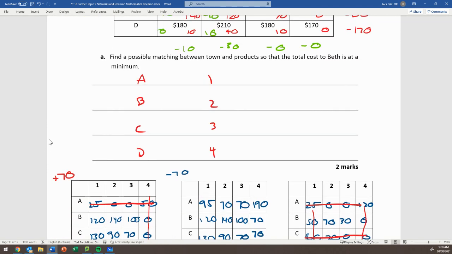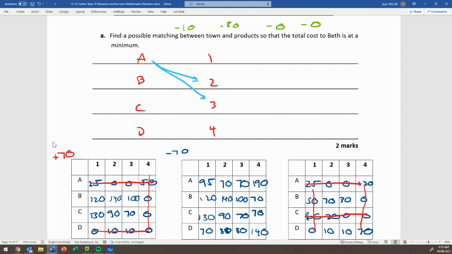All right, so A can go products 2 and 3. B, product 4. C, product 3 and 4. And D, product 1.